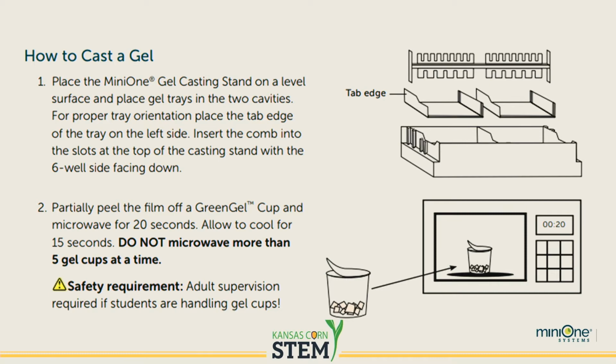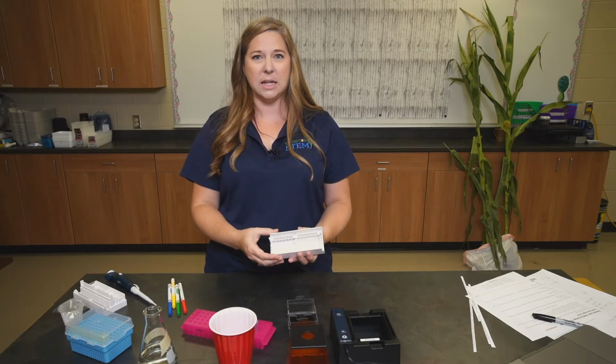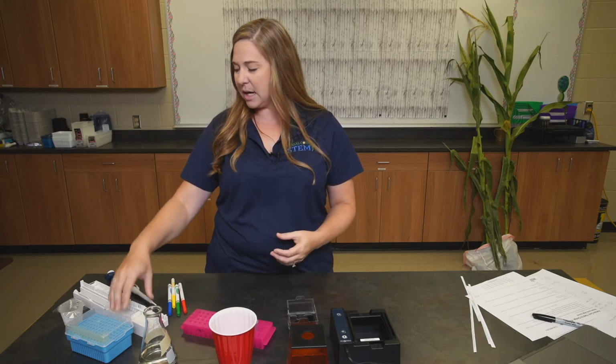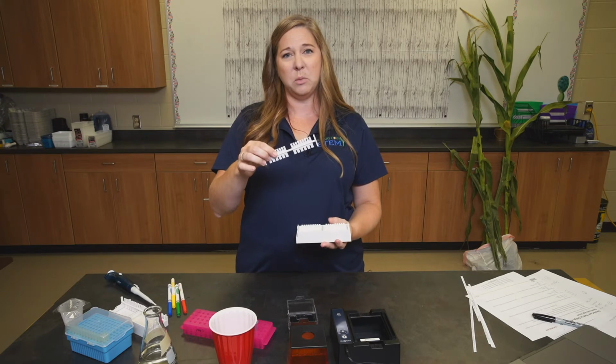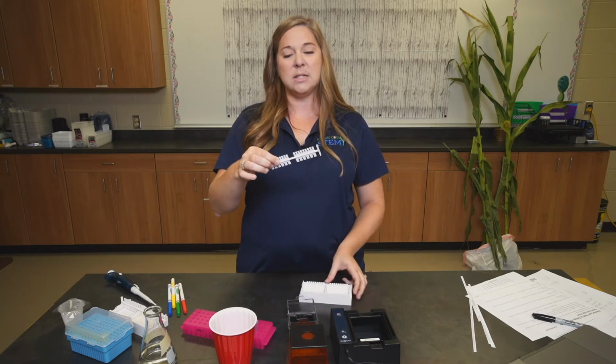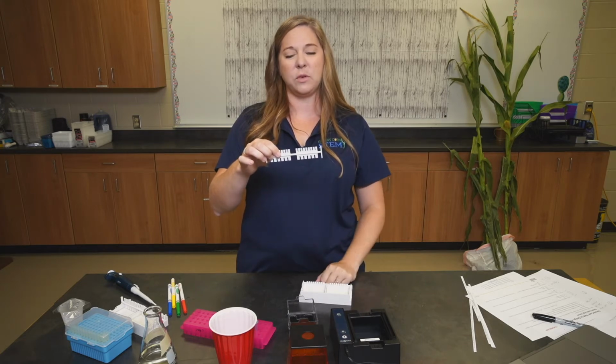Here's how. The kit comes with a tray that looks a little like this. This tray allows us to change the number of wells that we want in our gel. You can see on one side we have a smaller well that allows for more samples. The other side we have a larger well that allows for fewer.